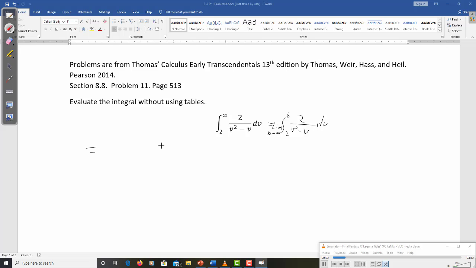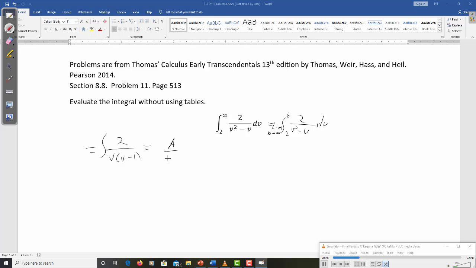Let's see. Doing the indefinite integral of that, well, v times v minus 1. I'm thinking partial fractions, because we have a rational expression there, with an easily factorable denominator. So let's see here.